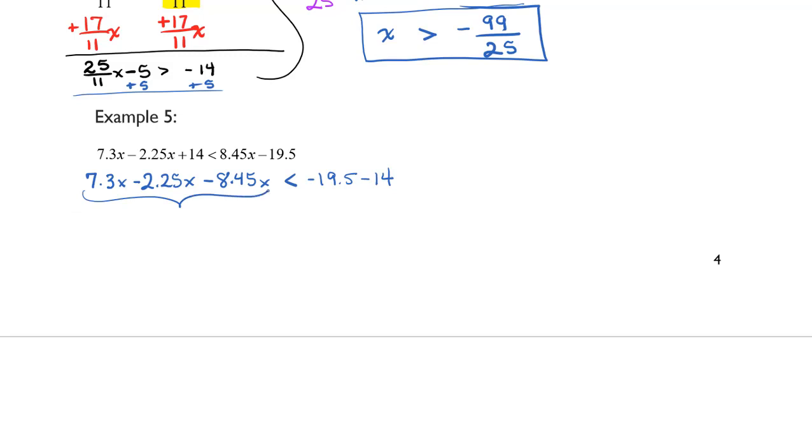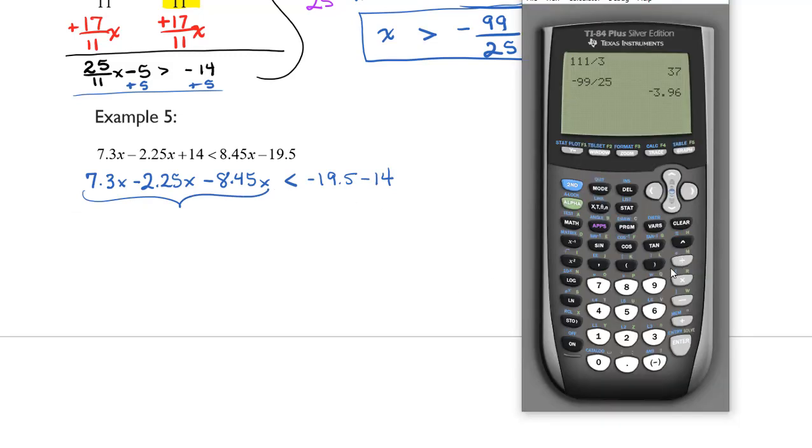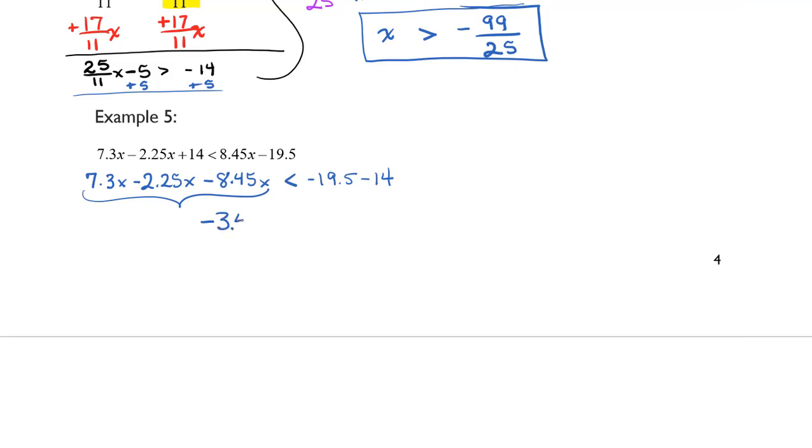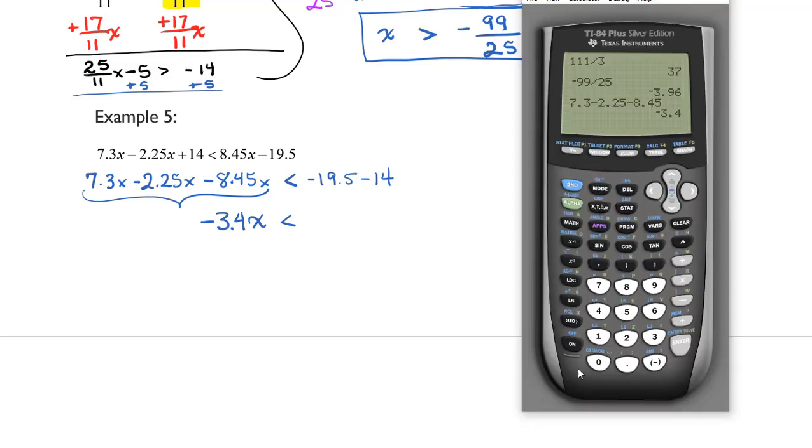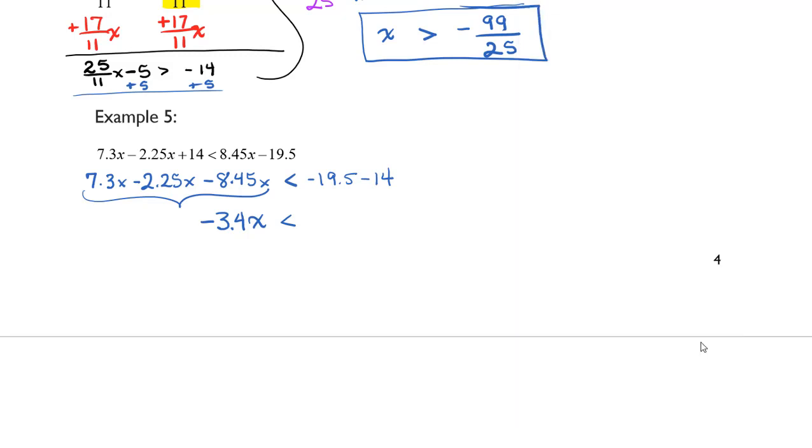And now we can combine all the terms on the left. We have 7.3 minus 2.25 minus 8.45, and we get negative 3.4x, and that is less than, now let's go ahead and combine everything on the right side, negative 19.5 minus 14 is negative 33.5.